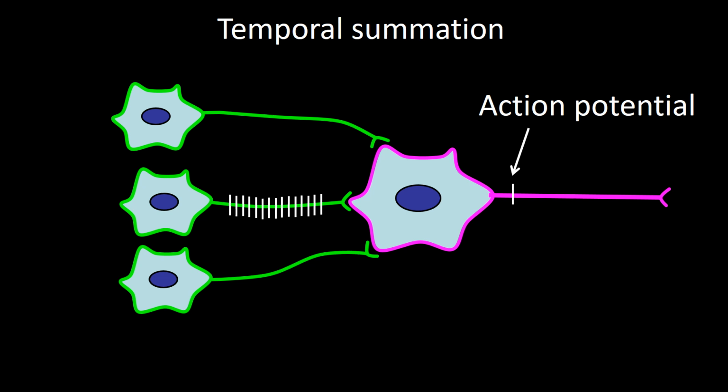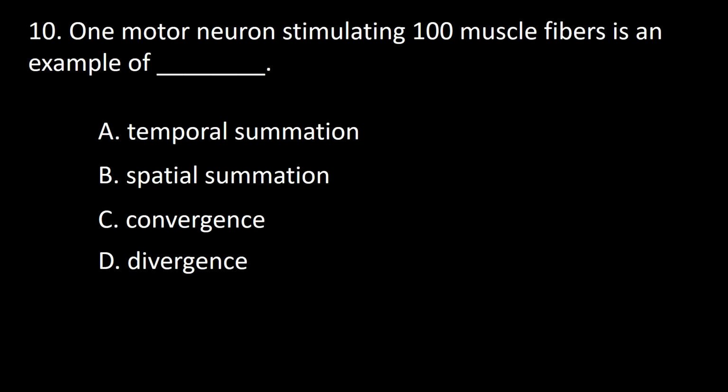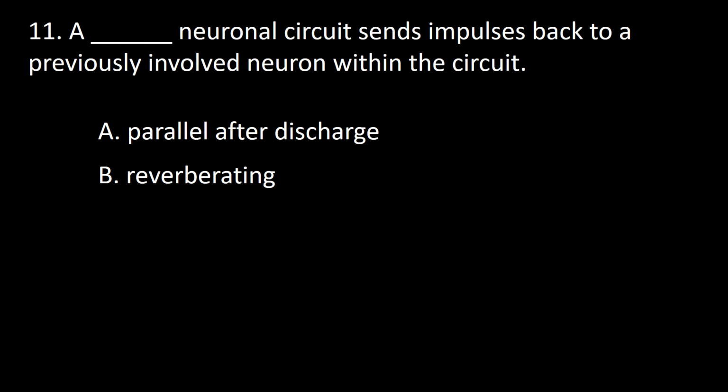This is an example of temporal summation. In temporal summation, the number of discharges increases, hence discharging time duration increases, but the area being stimulated does not change. So the answer to this question is D. Next question. A dash neuronal circuit sends impulse back to a previously involved neuron within the circuit.